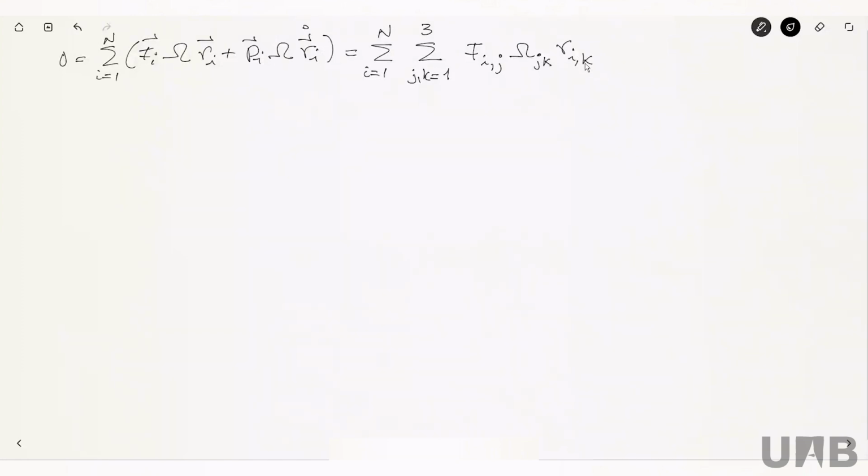That's the first term. Plus the linear momentum p_i component j, the matrix entry jk, and the vector r dot i component k. You guys agree?